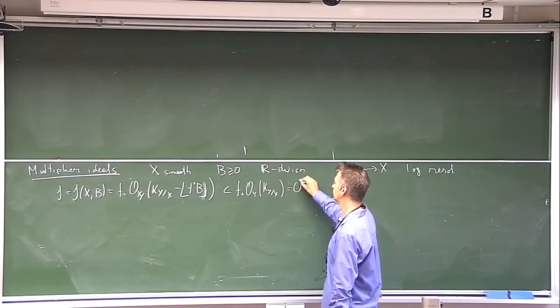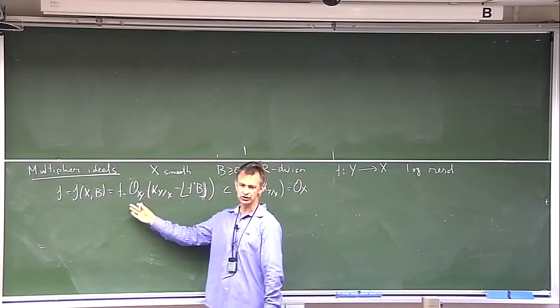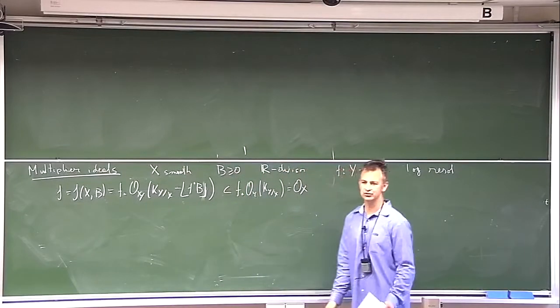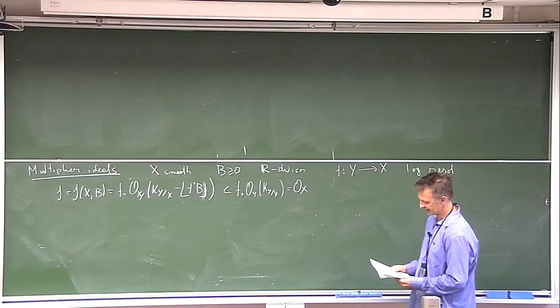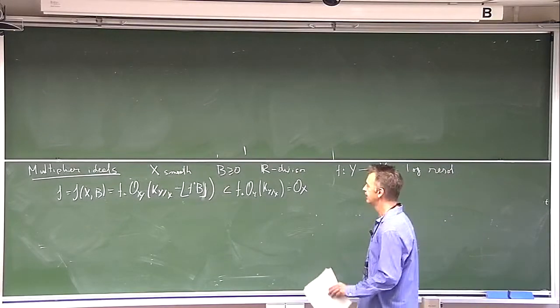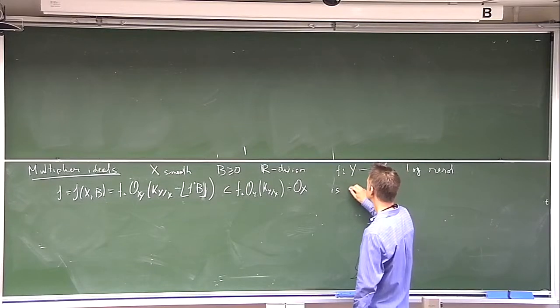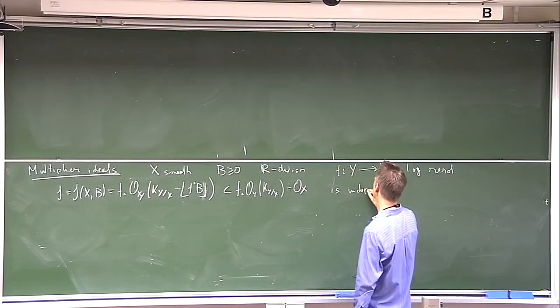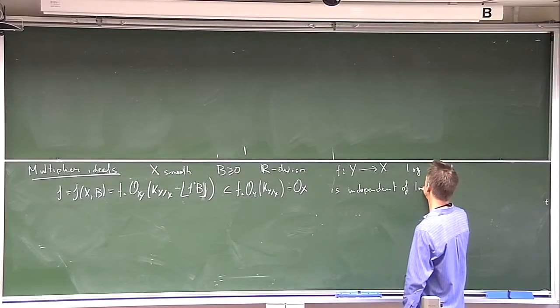So this pushforward is automatically O_X. Hence, this is clearly an ideal sheaf. Why we are calling it a multiplier ideal sheaf is unclear, but at least it's clearly an ideal sheaf. It's an exercise that this is independent of the given log resolution.